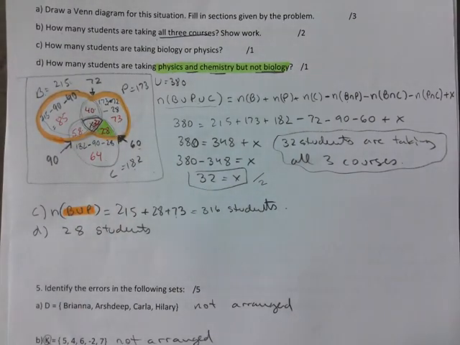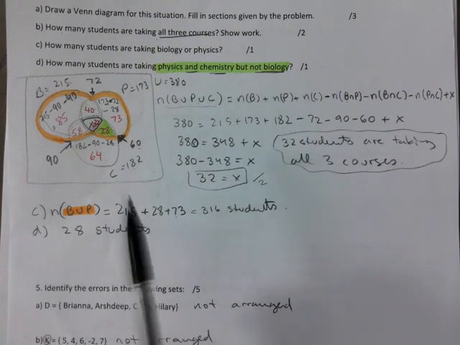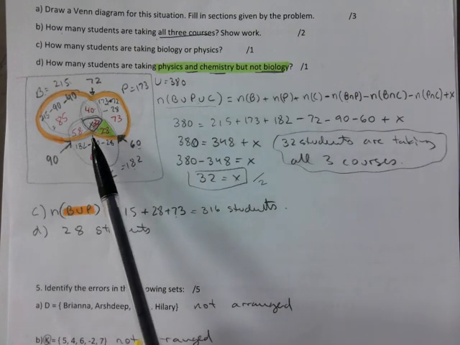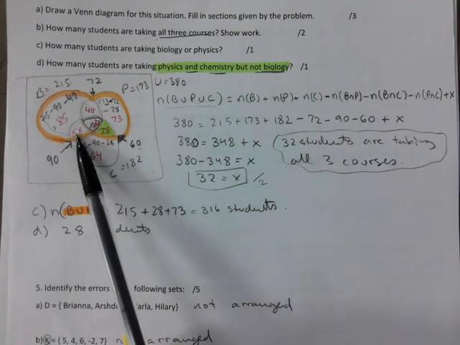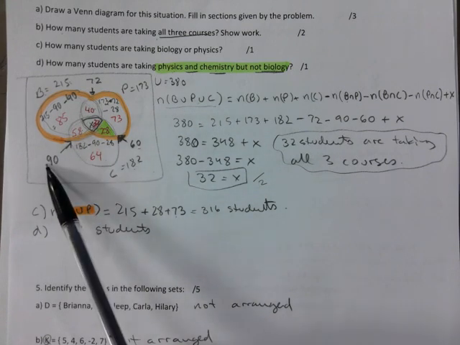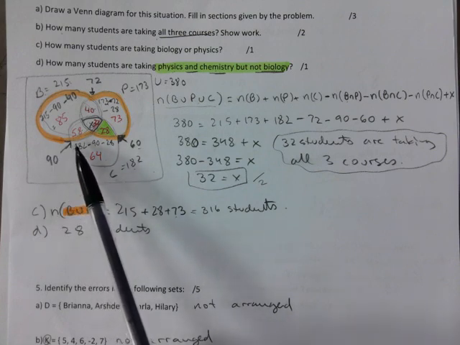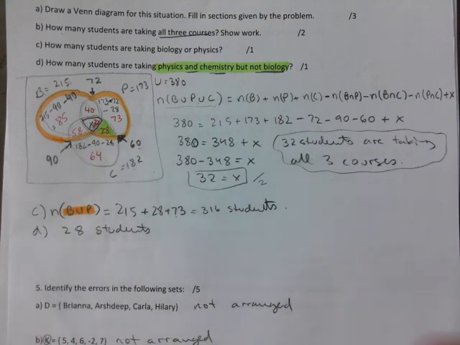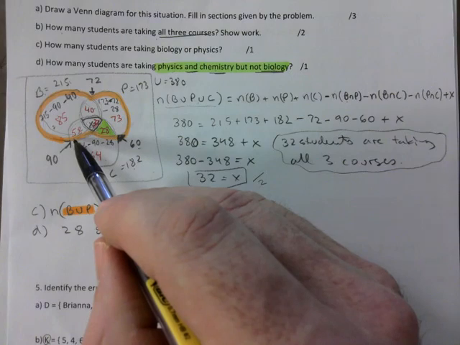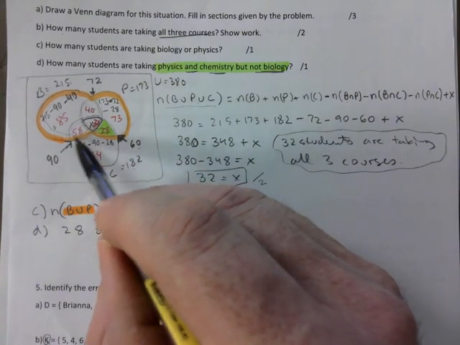I'm not sure if I have the wrong numbers on there, but for B and C, we had 58 there, and I had 90 because I looked at the top and said biology and physics, or biology and chemistry, physics and chemistry. I just took those as the number. Okay, so this number is different for you.